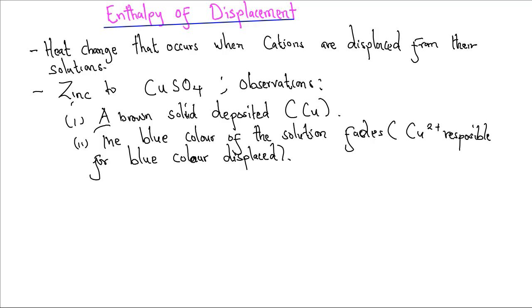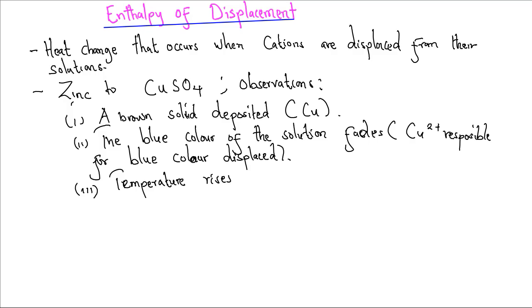Temperature rises. That is another observation. There is temperature rise, i.e., the initial temperature of the solution before addition of the metal is lower than the final temperature after the addition.